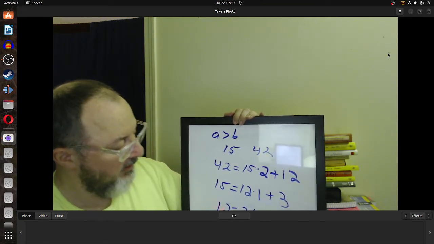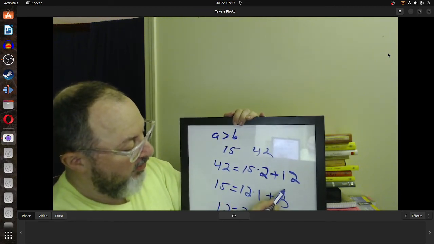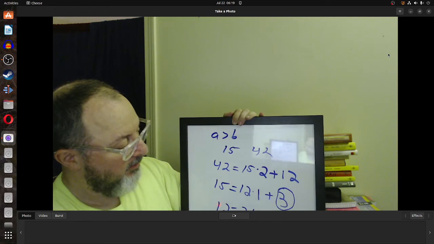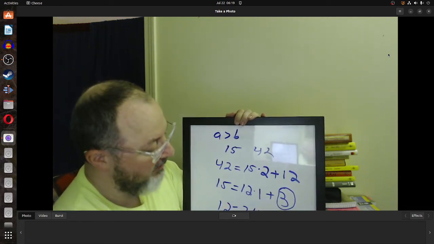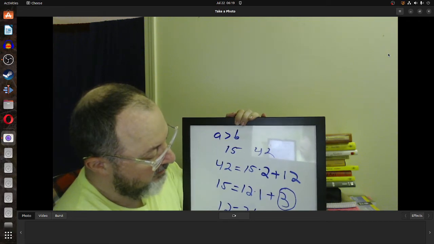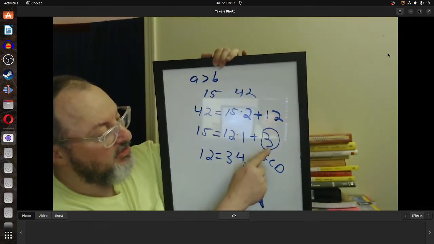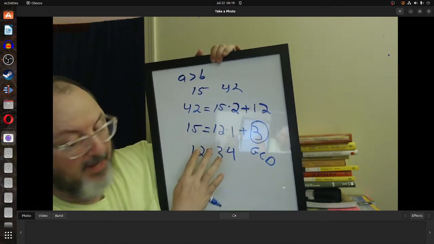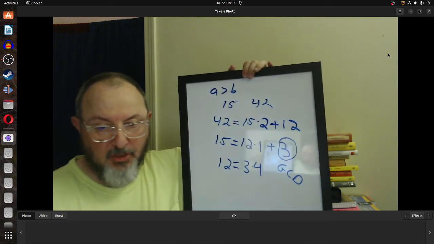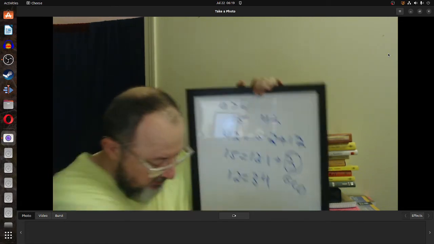The remainder is 0. So this number here is the greatest common divisor. It's the GCD. 3 is the GCD. So we can reverse these steps to get a linear combination, the common divisor, which is one of the ways this is used.